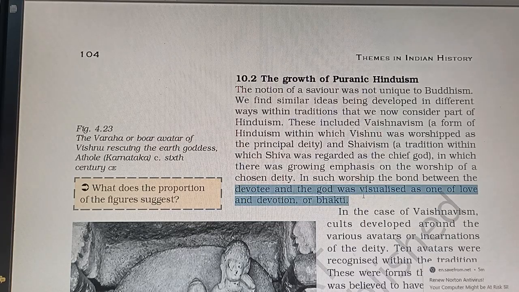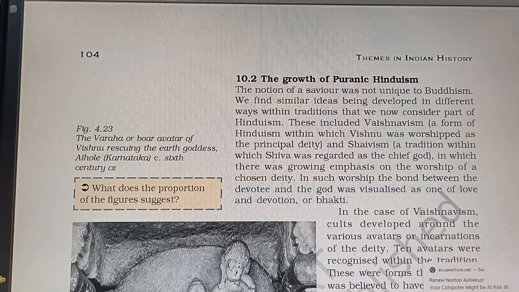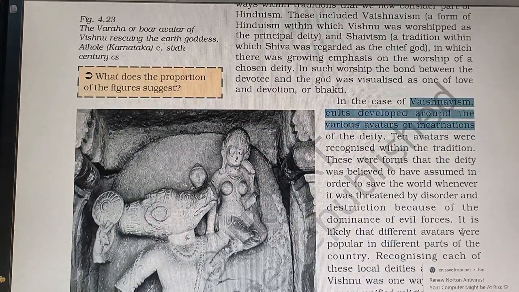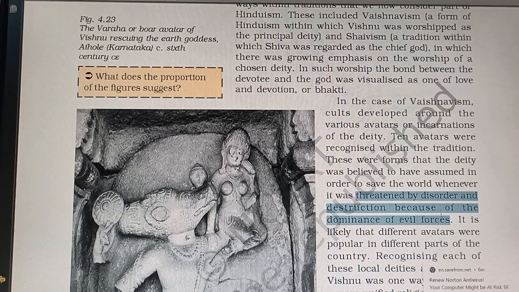So they started teaching in a simpler form. They started saying that there is a bonding between the god and the human as a devotee, and this is called bhakti. They also considered that whenever there is evil on the earth, whenever people are having problems, whenever the world is threatened by disorder and destruction, God will always come to save the world.